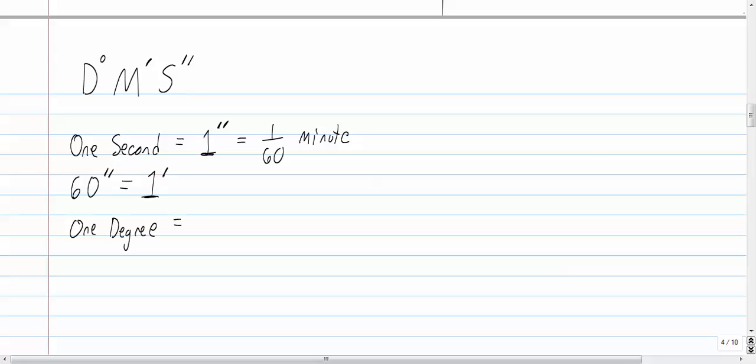So I'll tell you. 1 degree, which we write as the number 1 with a degree symbol, is equal to 60 minutes. So 1 minute would then be equal to how many degrees? 1/60th of a degree.